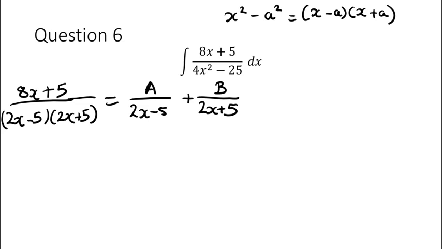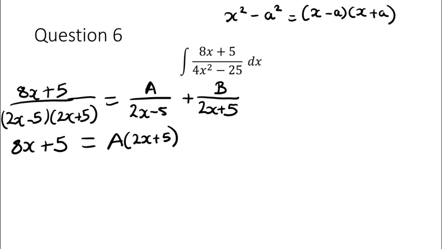So to do that, I'm going to multiply both sides by 2x minus 5 times 2x plus 5. So when I do that to the left-hand side, the 2x minus 5 and the 2x plus 5 will cancel. And when I times the right-hand side by 2x minus 5 times 2x plus 5, for the first term on the right, the 2x minus 5s are going to cancel.